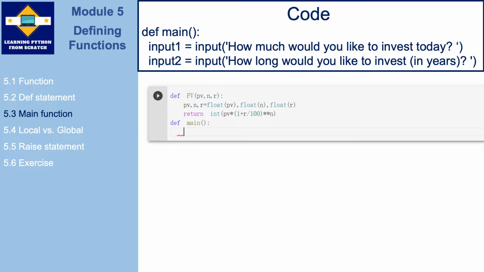We ask for the user's input of how much would you like to invest today, how long would you like to invest in years, and what is the annual percentage return.